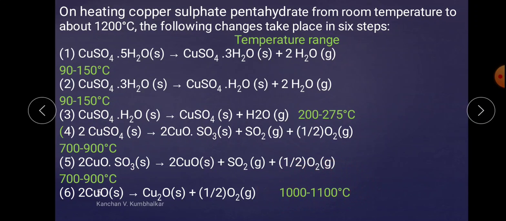In this last step, CuO is converted into Cu2O with the liberation of O2. So theoretically, it has been observed that when we heat copper sulfate pentahydrate from room temperature to about 1200 degrees Celsius, these six different steps are observed. Now let's check out its TG curve.